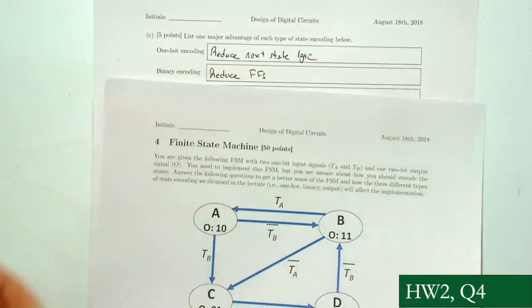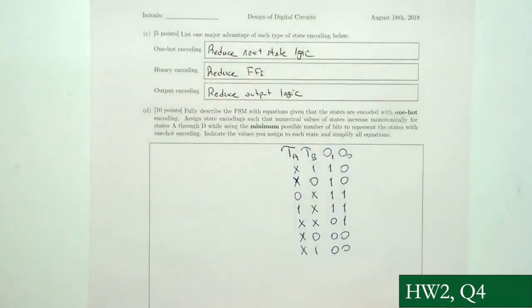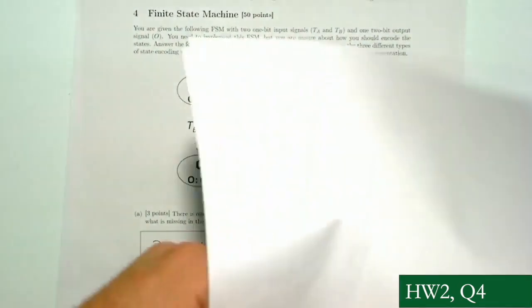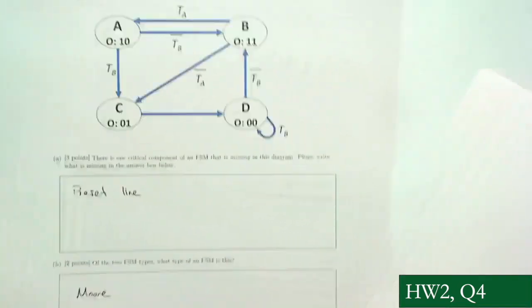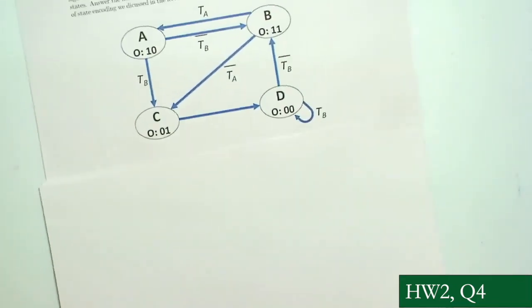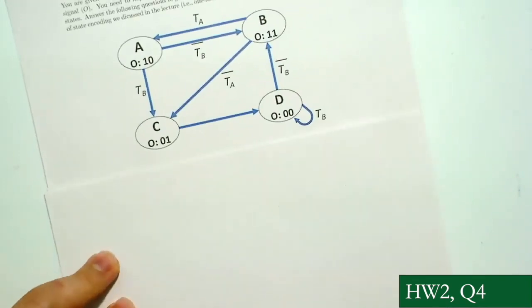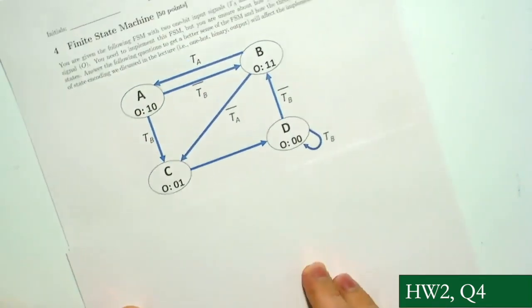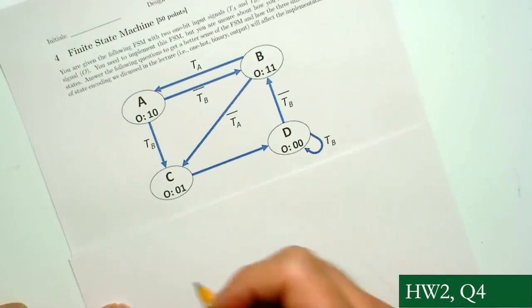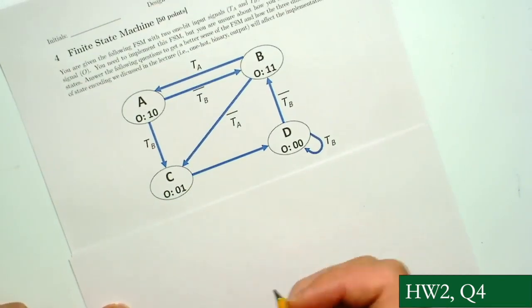So what I'm going to do now is write a truth table, kind of a higher-level truth table, because I'm not going to represent the states with the bits. This will be my reference for the next three questions.